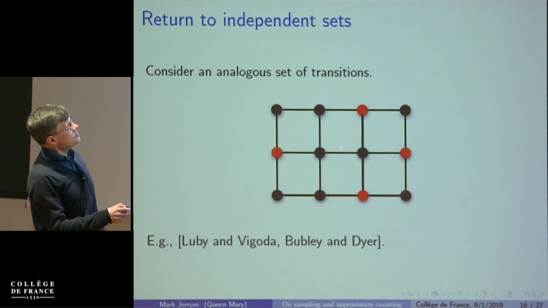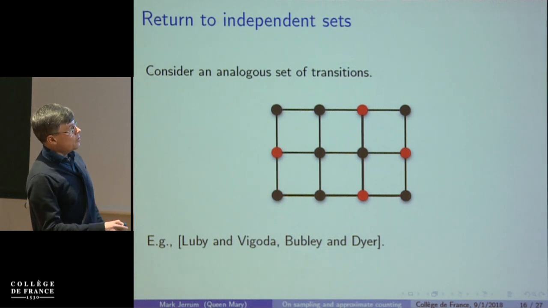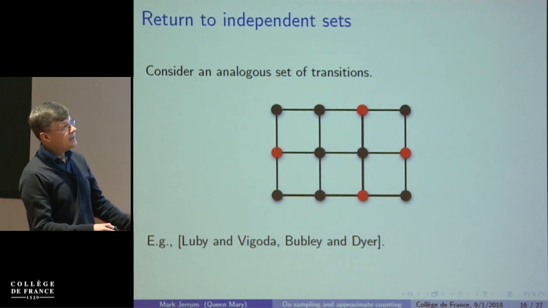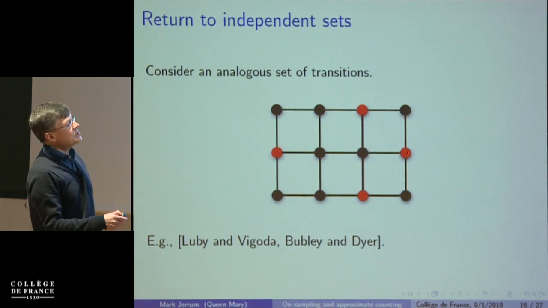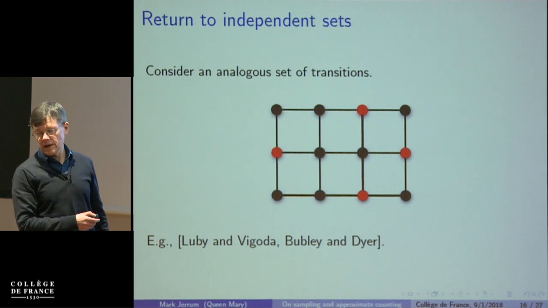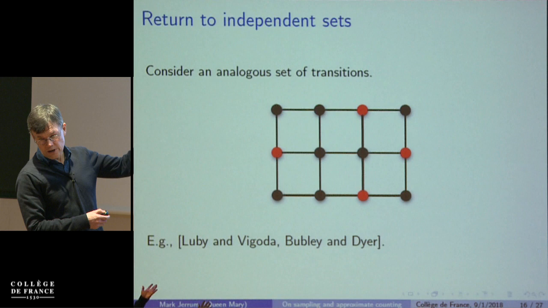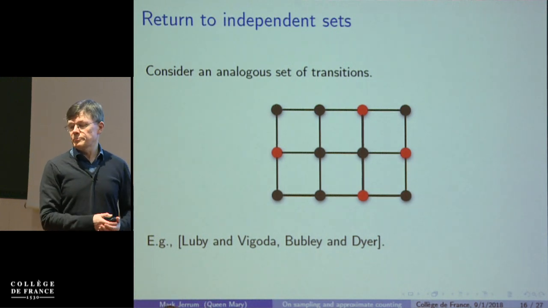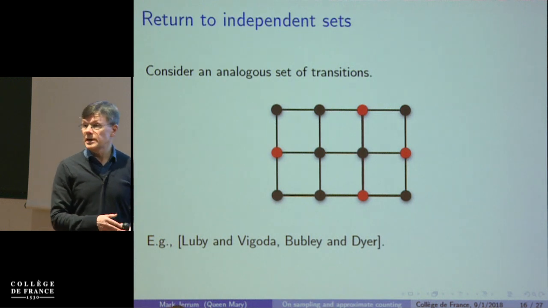So imagine a much bigger graph, even 1,000 by 1,000, would still be okay. If you made these very simple moves, then in not much time, in n log n time, where n is the number of vertices, you'll be close to having a uniform random independent set.